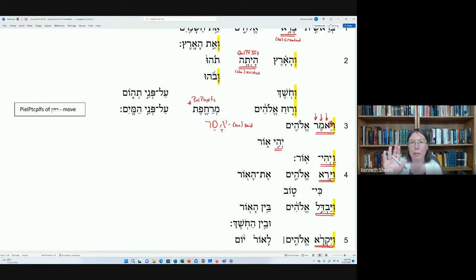How do I tell the difference? For the plural, there's a U class vowel at the end. We don't have a U class vowel at the end here, so I know that this is going to be singular. And then we have the tau, which is everything else. But so I know this is imperfect, third masculine, singular, nothing else added to the stem.